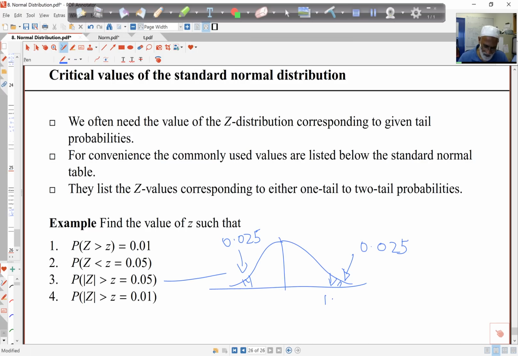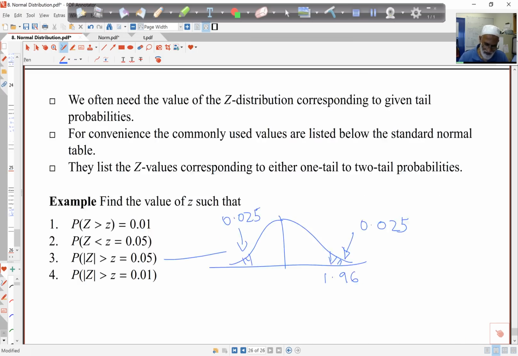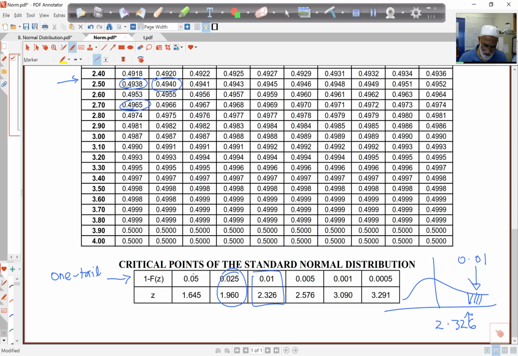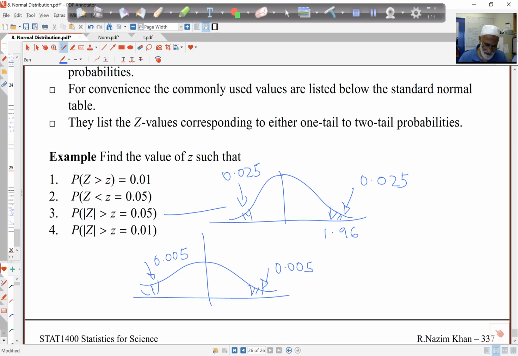And likewise, 0.01 means that I'm looking up half on this side, 0.005, and half on this side, 0.005. And if I look up the tables for 0.005, I'll get 2.576 over there. And that finishes our discussion of normal distribution. Thank you.